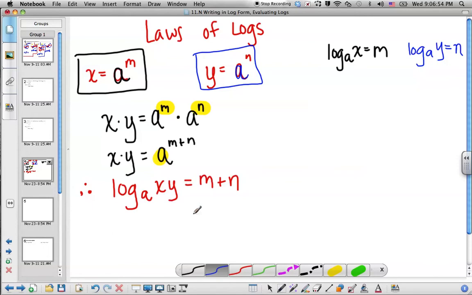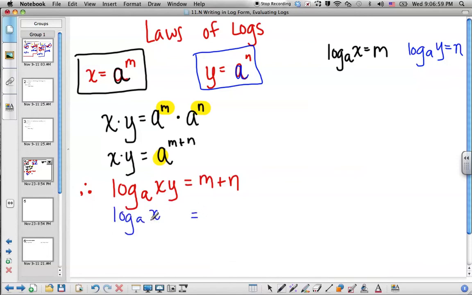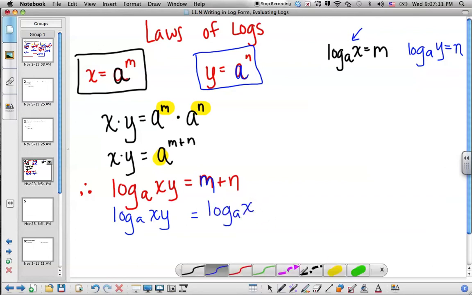Now I could actually substitute in, I know log base a of xy. Instead of writing m, I can substitute in everything I know that's m, which is log base a of x. Now instead of writing n, I can substitute in what I know of n.